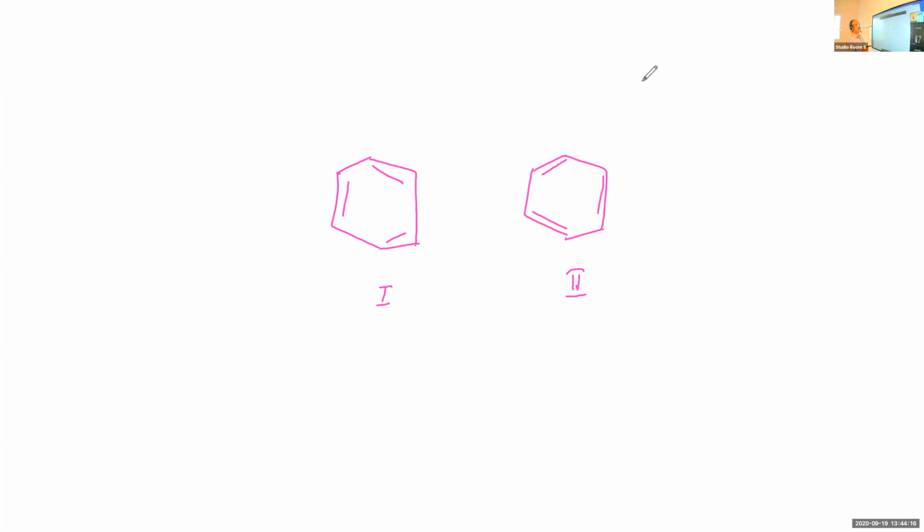In the 2 structures, say relative positions, carbon atom 1, carbon atom 2, 3, 4, 5, 6. Similarly, 1, 2, 3, 4, 5, 6. See? In the first structure, the double bond is between carbon atoms 1 and 2.